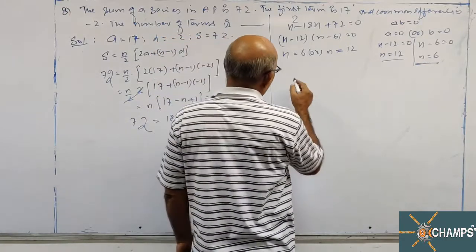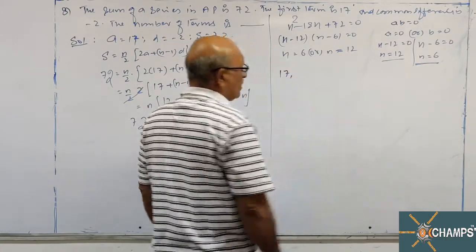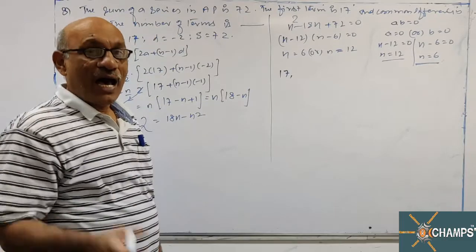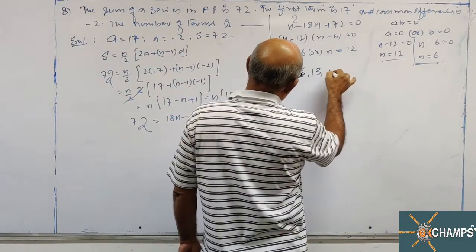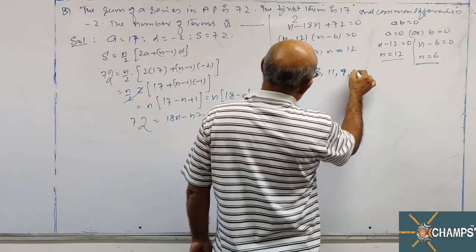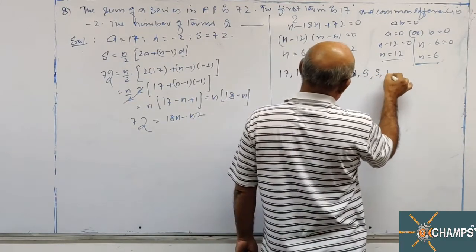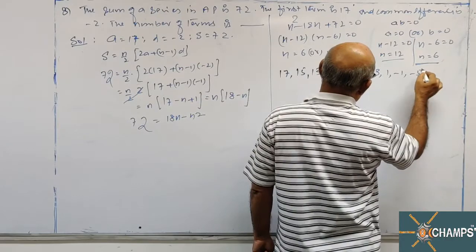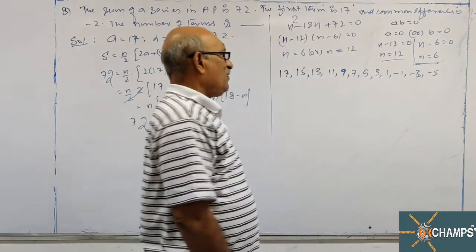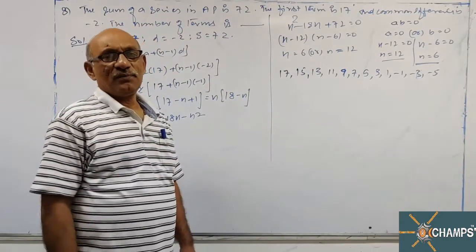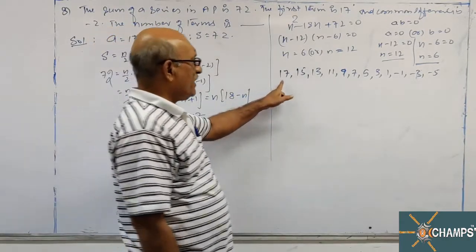So let me write the sequence. 17 is the first term of the sequence. Add common difference to this, you will get the next term. This way if you proceed, 12 terms can be obtained in this manner.